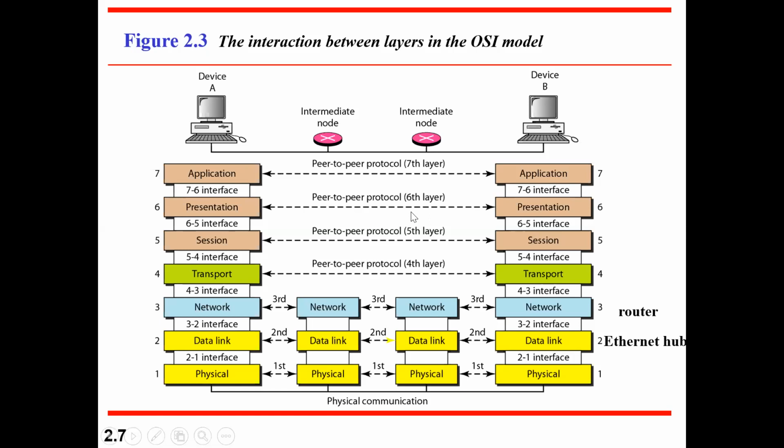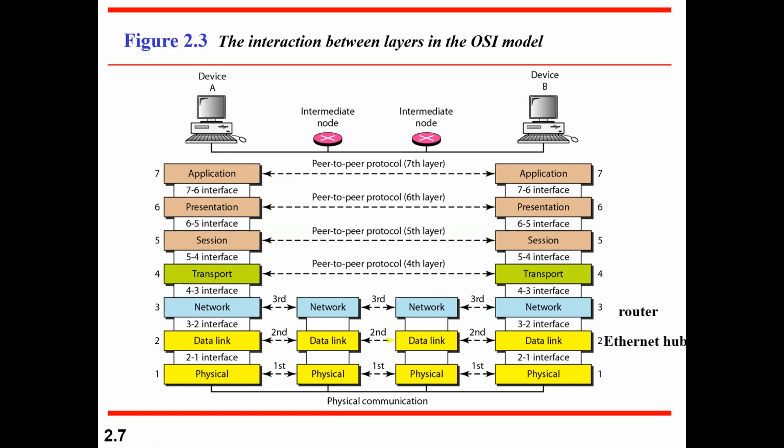From the application layer, peer-to-peer communication will happen. That means application, presentation, session, and transport will be between end system and end system, whereas network, data link, and physical are hop to hop.